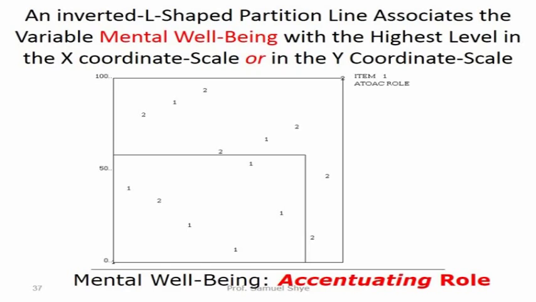An inverted L-shaped partition line was found to satisfactorily partition the space between low and high values in the mental well-being. Inverted L-shaped partition line associates the variable mental well-being with the highest level in the x-coordinate or the highest level in the y-coordinate, or both.